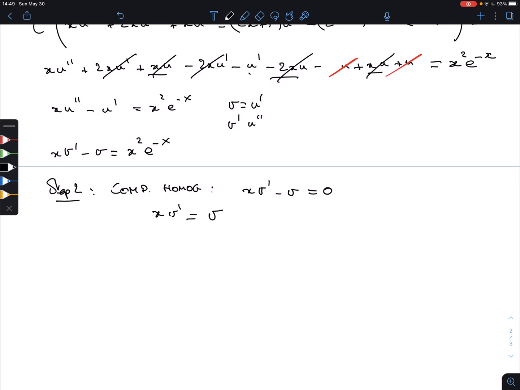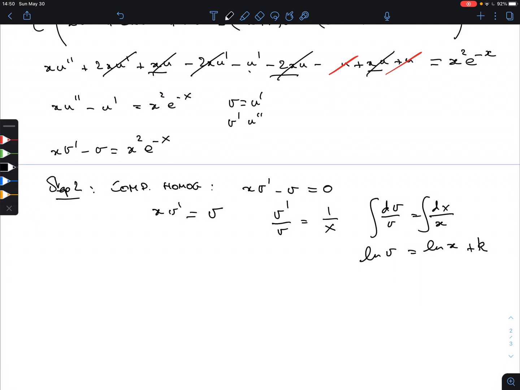Bring the v to one side and the x to the other side by cross multiplying. So we get v prime over v is 1 over x. If you want, dv over v is dx over x. That makes it much clearer what we're going to do. We're going to do ln v equals ln x. What do we do with the constant here? We want to find the general solution, so we're going to keep the constant. Okay, so plus k.